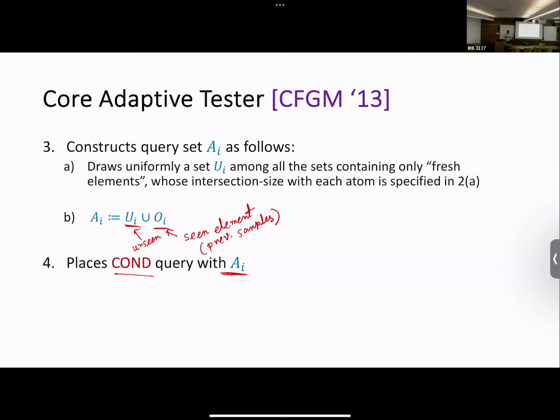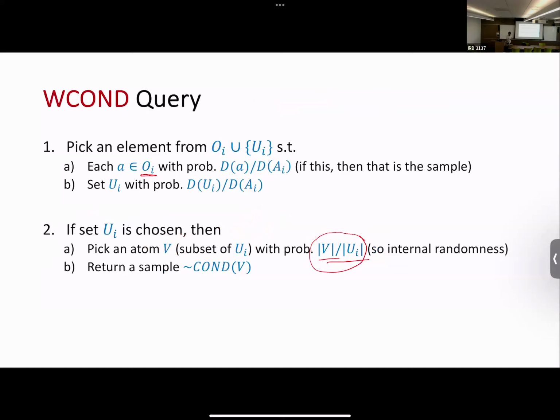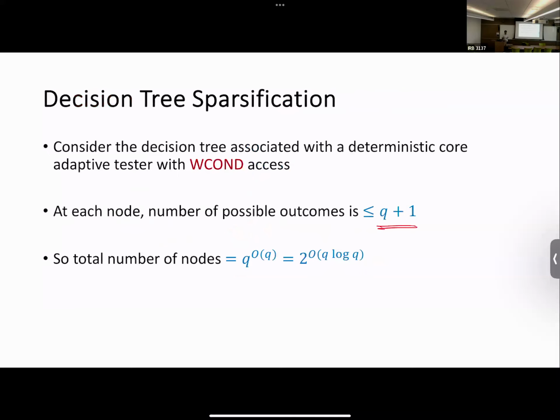Now, when we consider the corresponding deterministic counterpart, when we draw this decision tree, that internal randomness will be gone. So this will be fixed. So now UI will be fixed, this D will be fixed. Now when I sample, there are only q plus 1 possibilities: which of the previous samples it belongs to, or whether it is a completely fresh one or not. And that's why from 2 to the q we get q.